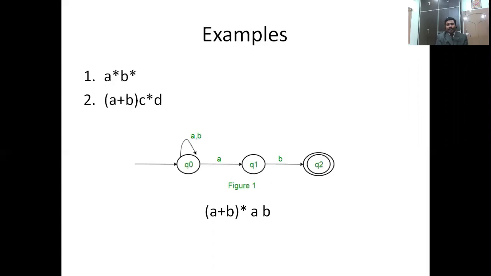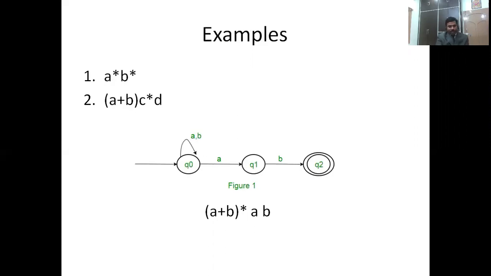So A star will contain epsilon, A square, A cube, and so on. The regular expression A star B star denotes any number of A's followed by any number of B's. The second regular expression denotes a machine that accepts strings which start either with A or B, followed by any number of C's, ending with a single D.